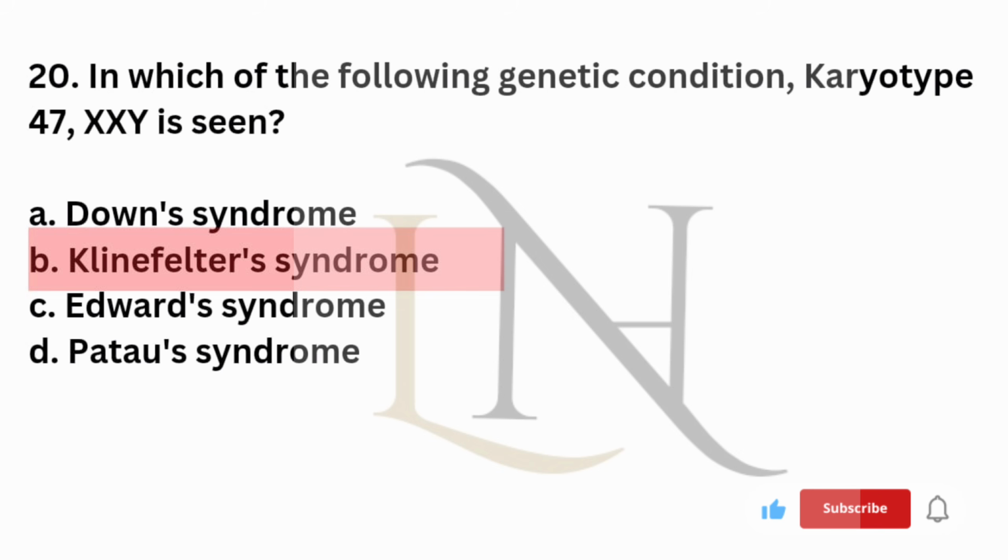Down syndrome is a genetic condition where a person is born with an extra copy of chromosome 21. This means they have a total of 47 chromosomes instead of 46.